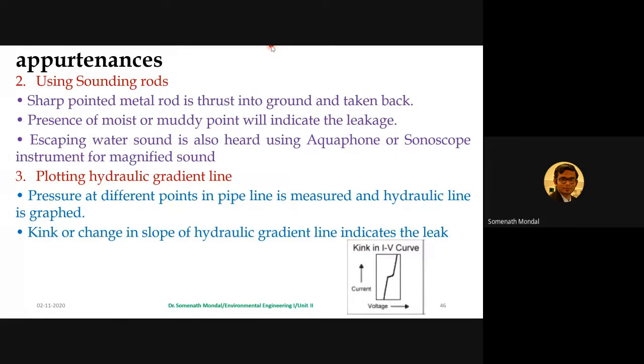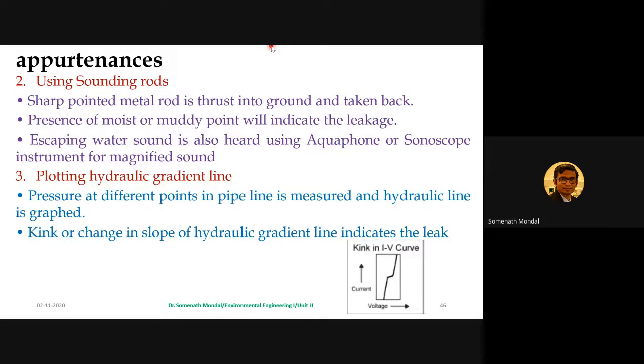The sound of escaping water is also heard using an aquaphone or sonoscope, an instrument for magnified sound. So one is sounding rods, another is the aquaphone or sonoscope. These are the different devices that facilitate hearing the water sound escaping from the main in the form of leakage.